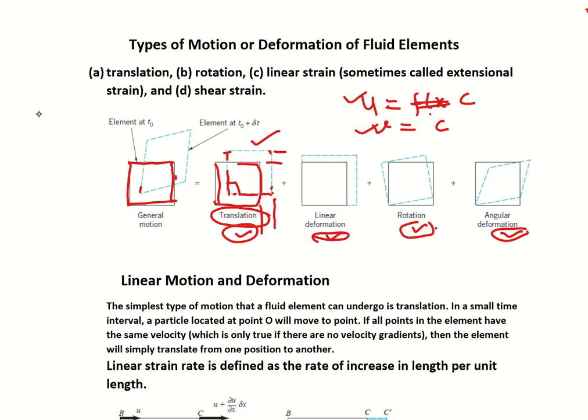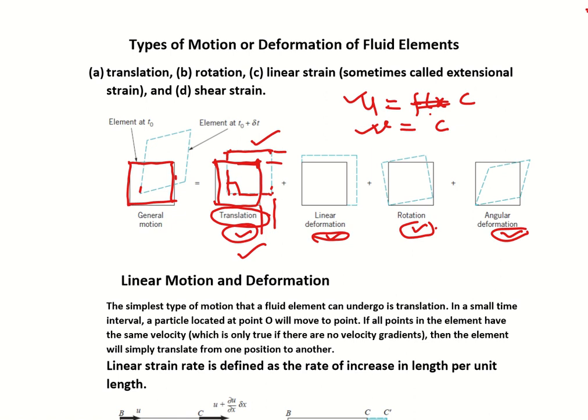The fluid element is not subjected to any kind of deformation, and this is pure translation. And the fluid is not subjected to any kind of strains, because the size of the fluid element at different positions remains the same when it moves from one location to another. Suppose this size and this size are the same, only the orientation is now different.